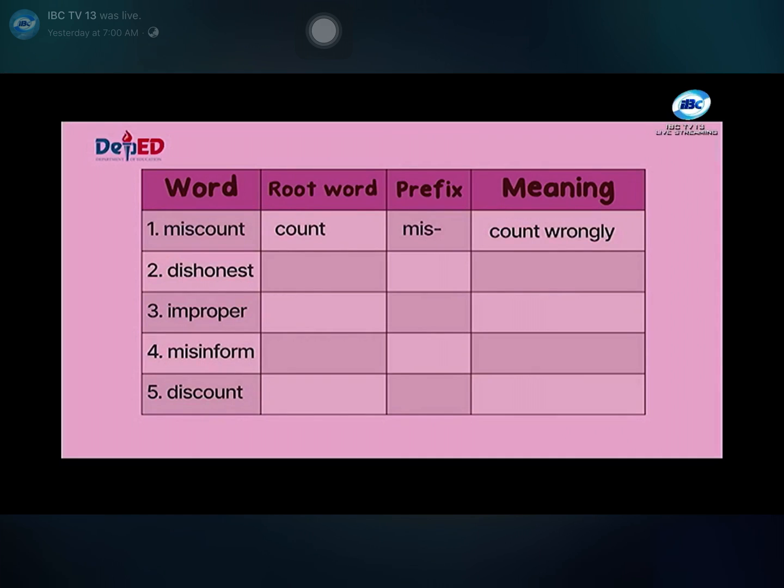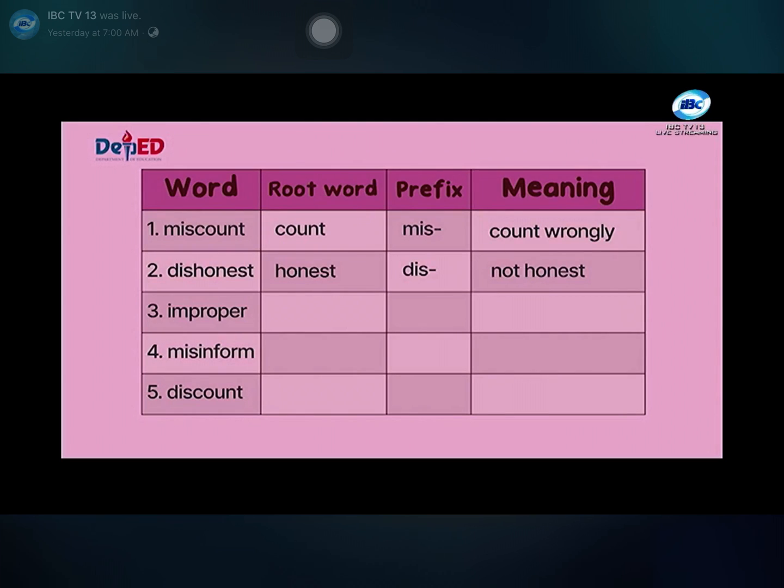What is its root word? If honest is what you have in mind, then you got it. What do you think is its prefix? If your answer is this, you're getting better every time. Now, what is its meaning? The meaning of dishonest is not honest.